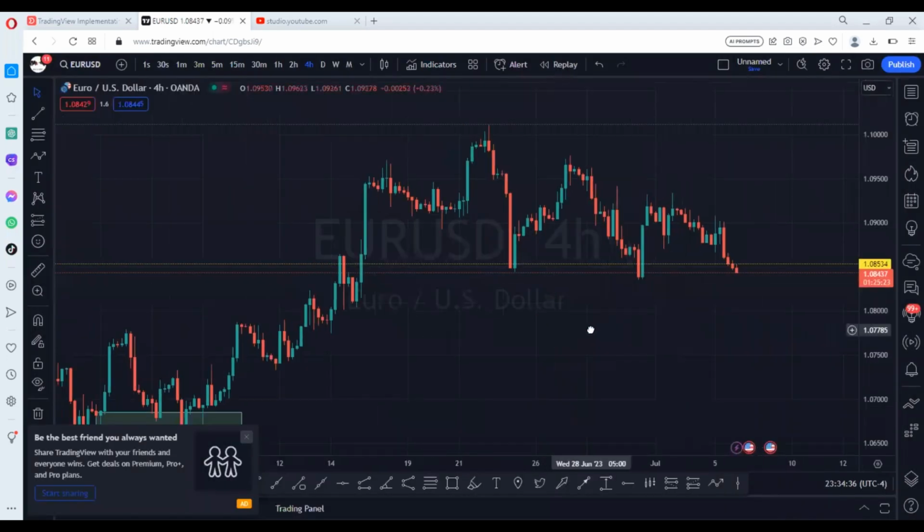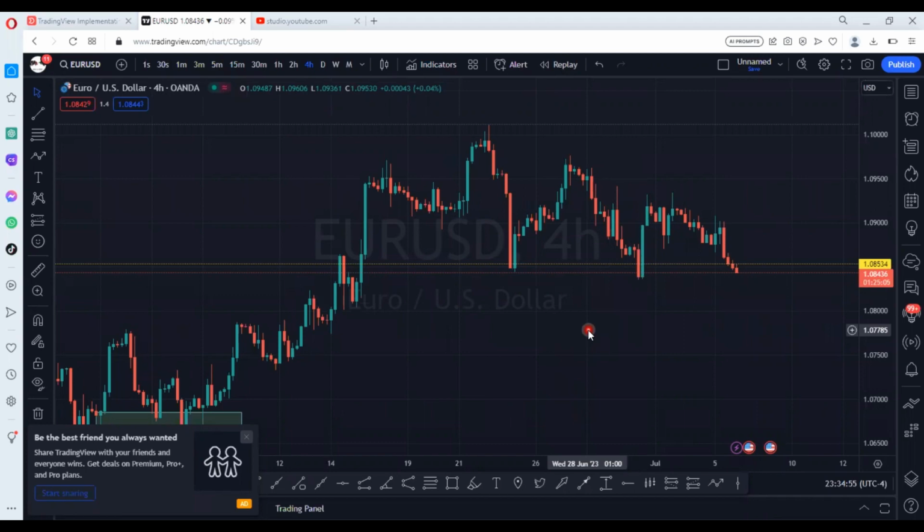Okay, so like I said, the higher the time frame, the more valid the high or the low.